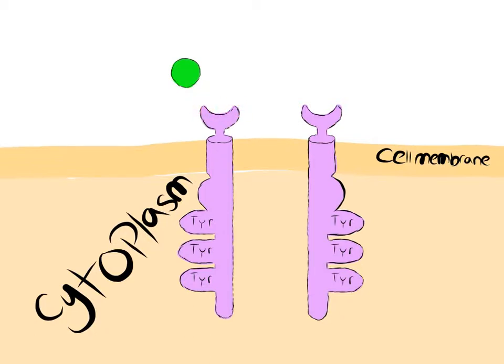In this instance, it will be the tyrosine kinase, which is currently separated into two monomers. A kinase is an enzyme that catalyzes the transfer of phosphate groups, which will be seen later in stage 3. So for now, we're going to continue on into stage 2.